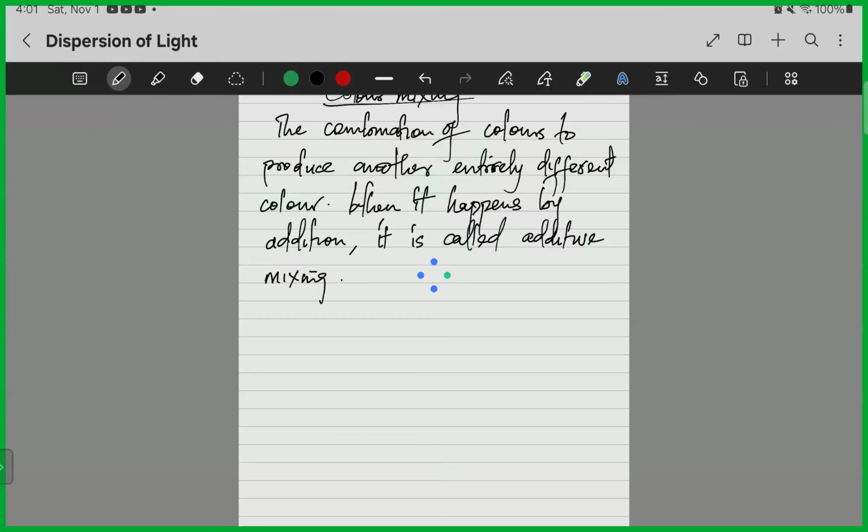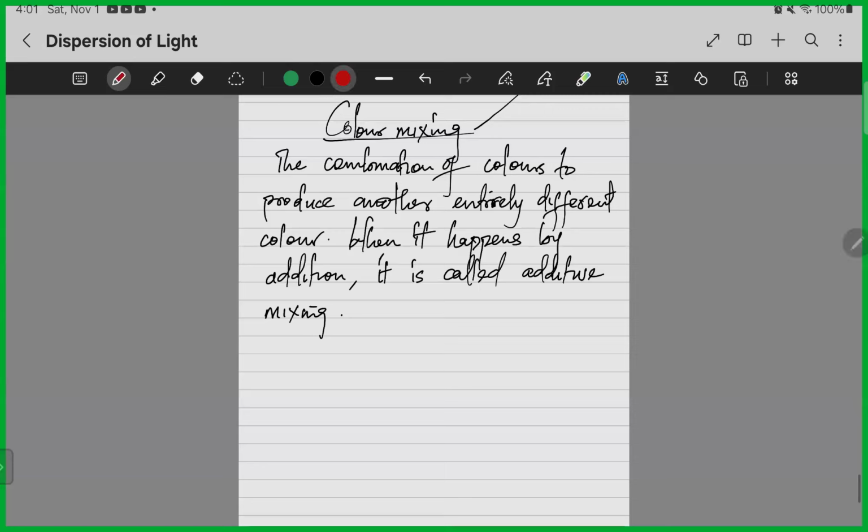Let's not mention anything about subtractive mixing. This mixing that you see above is called additive mixing. Keep that in mind. I will not be talking about subtractive mixing yet until I talk about colored pigment.